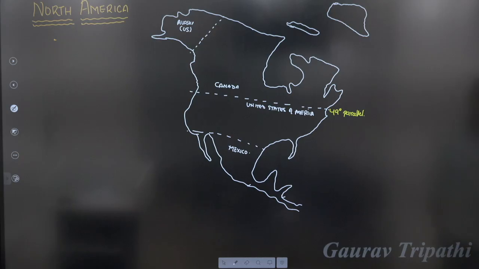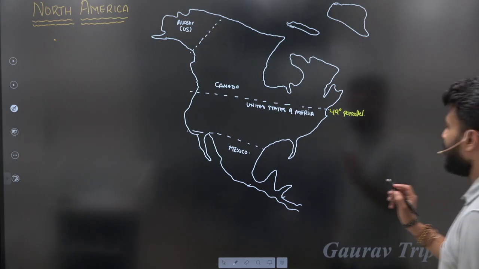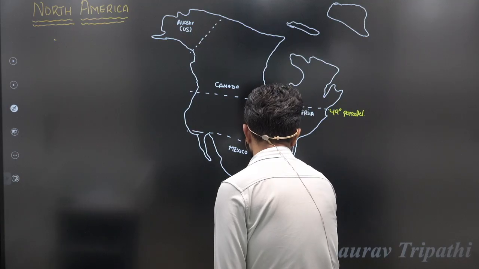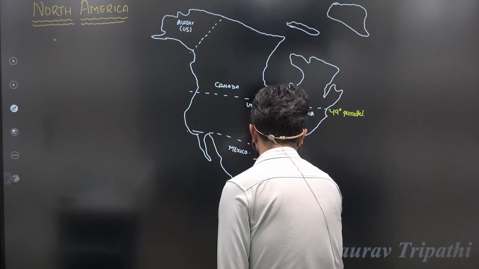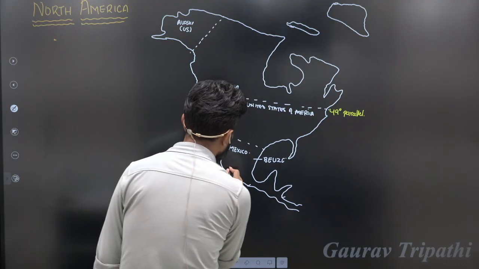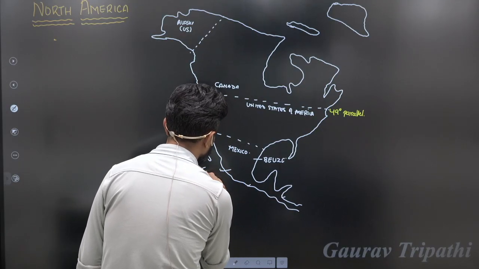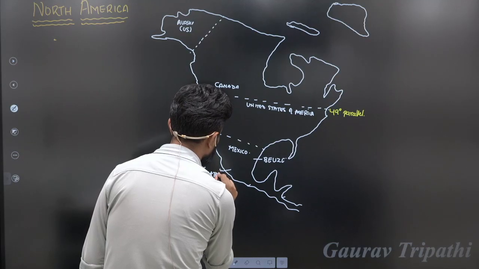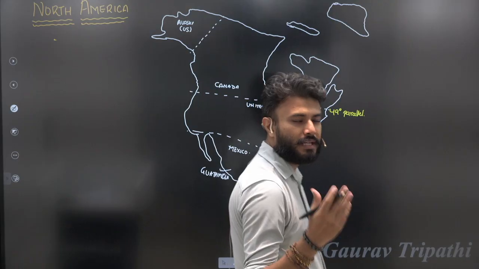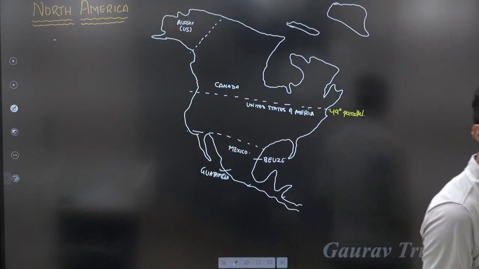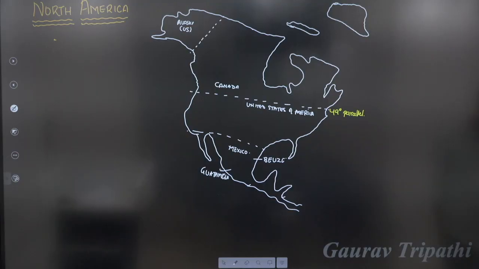For example, we have first country, Belize. Then the next country, we have Guatemala. After that, we have countries like Honduras and Nicaragua.